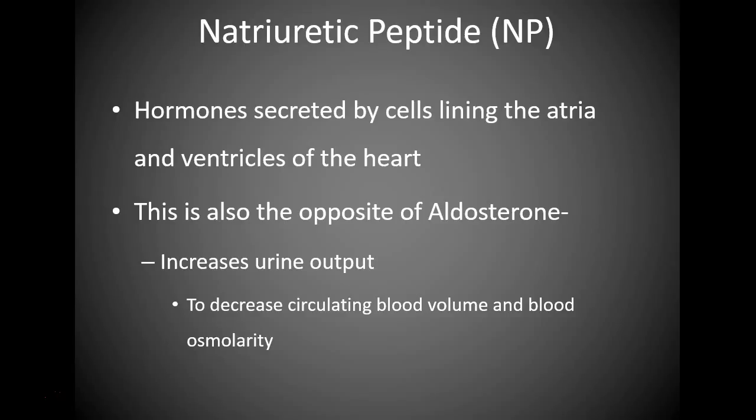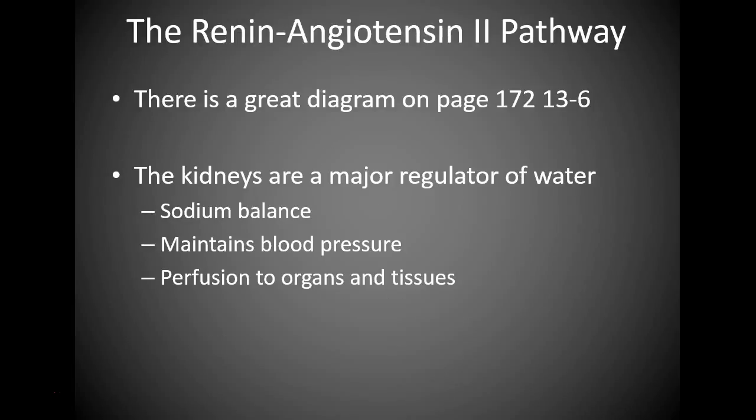Your atria and ventricles are going to secrete natriuretic peptide and say, hey, we can't keep this up. Let's get some of this fluid off. It tells the kidneys to pull the fluid off and start urinating more. So your body is saying it's too much, let's get rid of it and excrete it. That's what NP does. In a nutshell, it decreases circulating blood volume and blood osmolality.